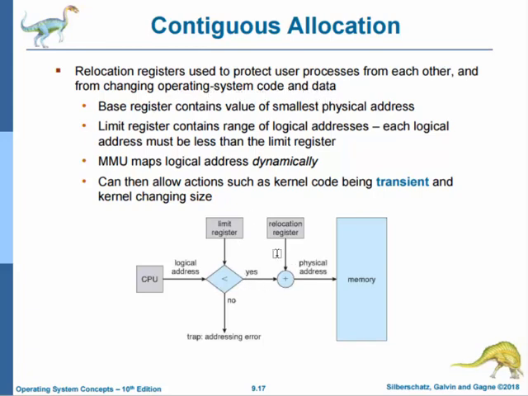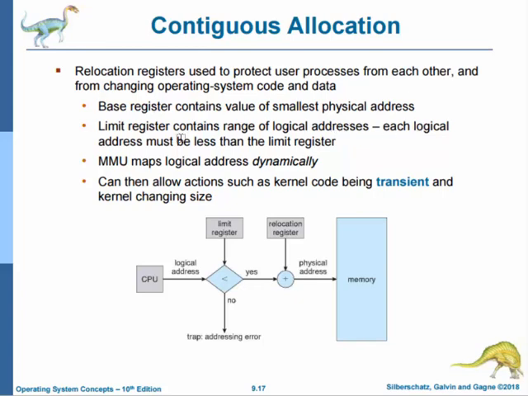From the illustration, we have learned that the relocation register contains the value of the smallest physical address, and the limit register contains the range of the logical addresses.